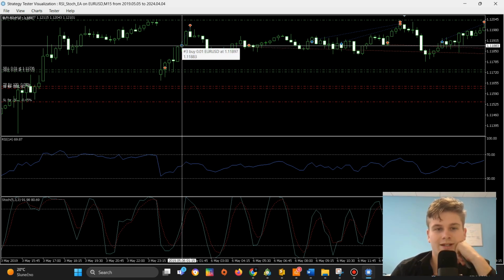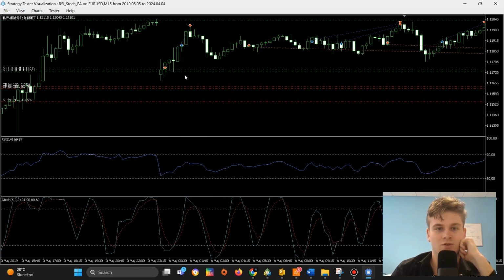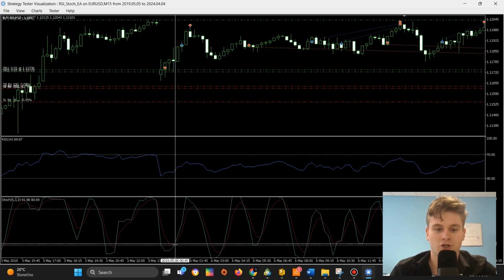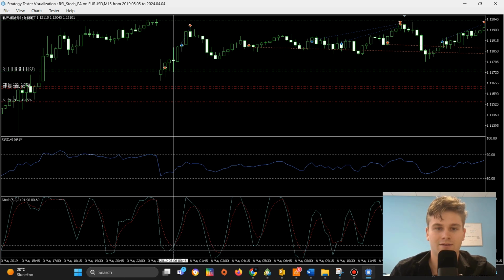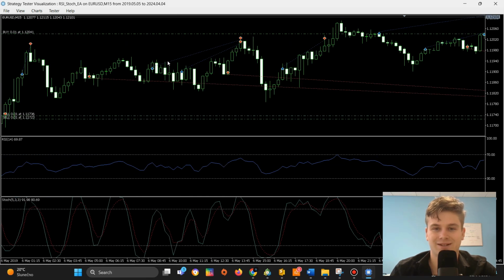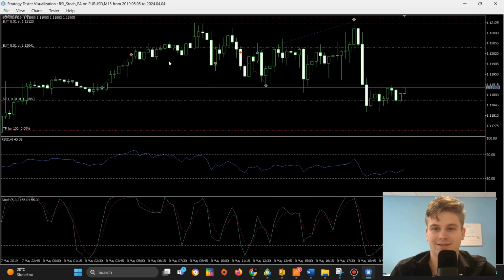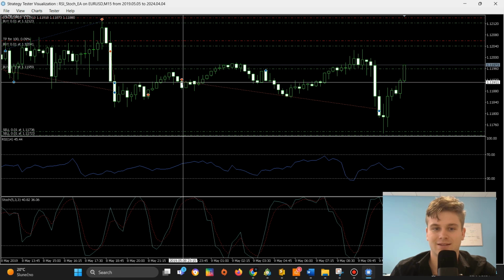Okay, so where is the issue with this? Because this is obviously not at a crossover, because the crossover happened right here. So where is the issue? Of course, because we are using a shift of 1, then we should open at this candlestick basically. But yeah, let's wait and see.